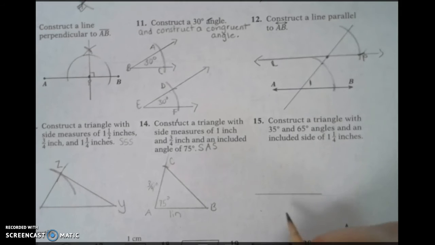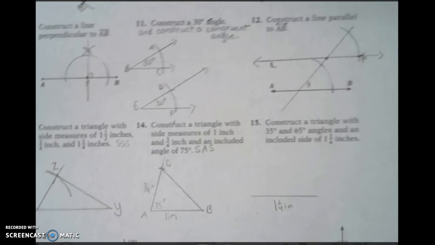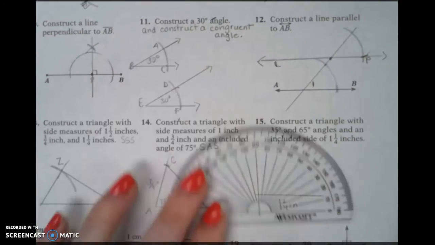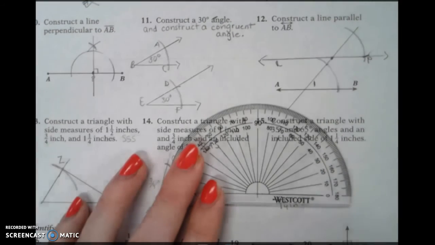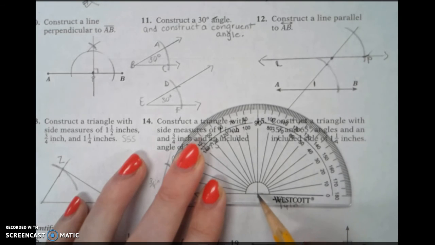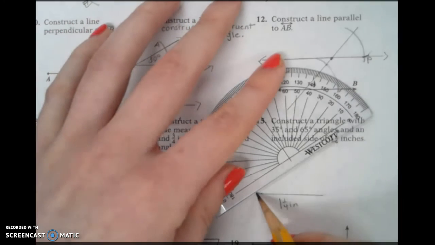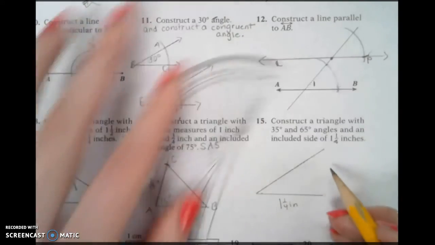Once you have your 1 1/4 inch side drawn, go ahead and construct angles on each side of that line. First angle will be 35 degrees. And make sure you know where your vertex is, so you connect your vertex to its tick mark.